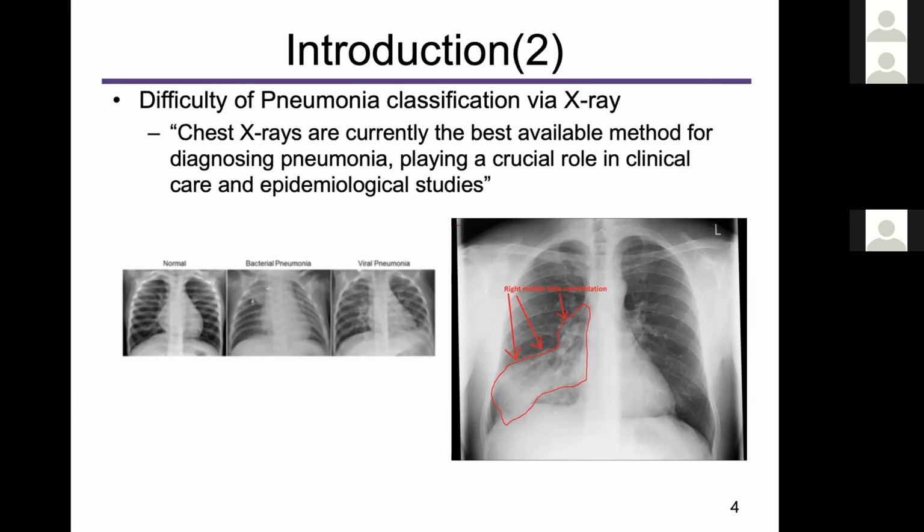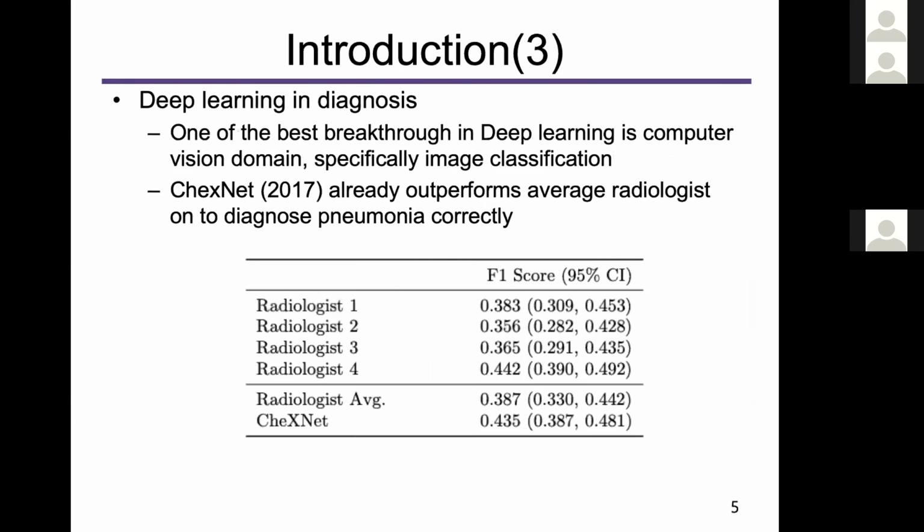But nowadays we are living in the era of deep learning. So there is much previous research which tries to apply image classification models to diagnose whether a patient has pneumonia or not. The paper CheXNet was published in 2017. It already outperforms the average radiologist at diagnosing pneumonia correctly.